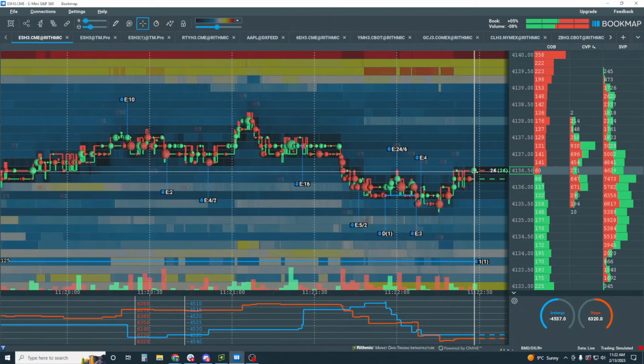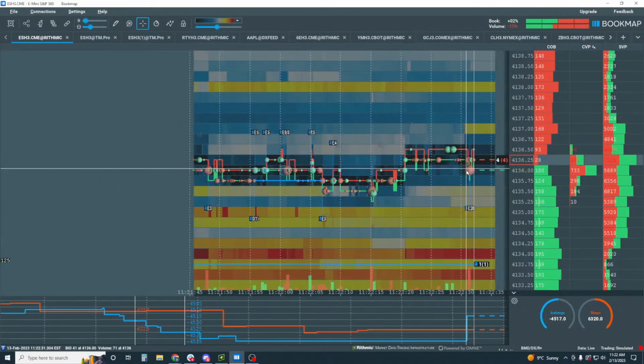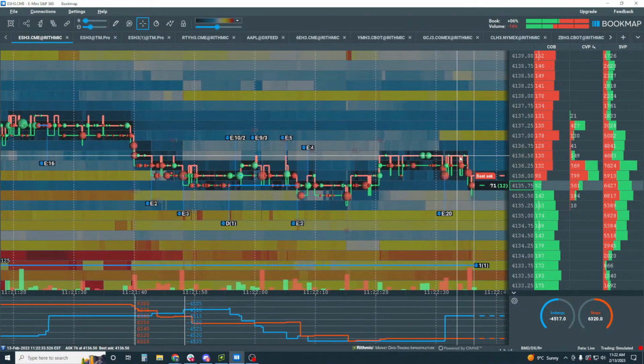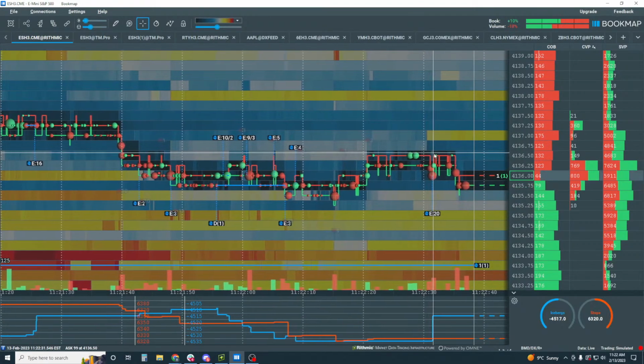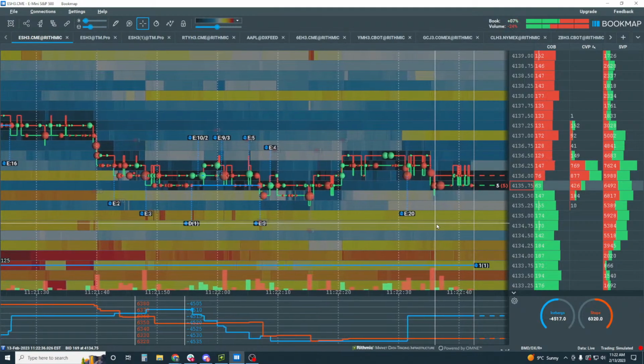Again, I'm looking here. Here we go, 36 and a half. Let's see, 36 and a half again. I want to see a weak top. I want to see transactions up here. Nothing.